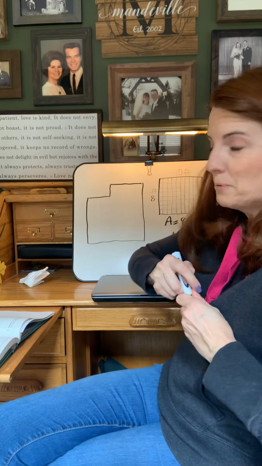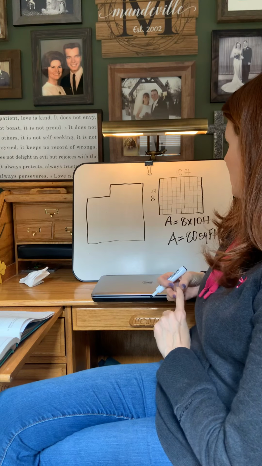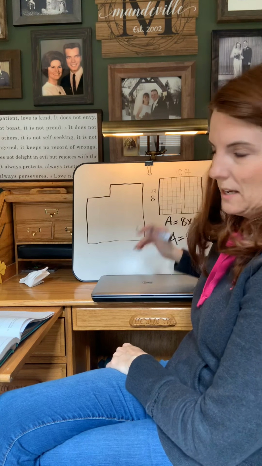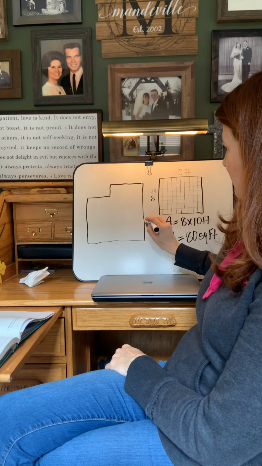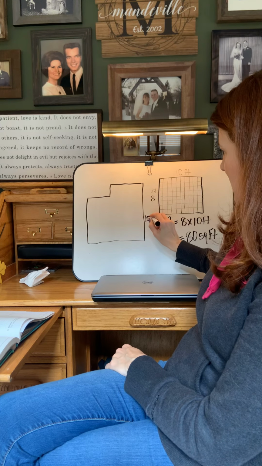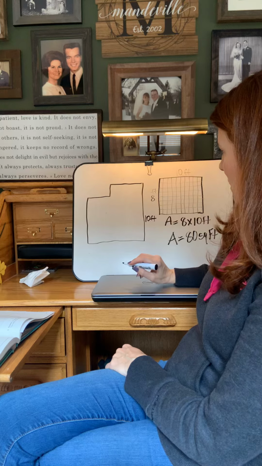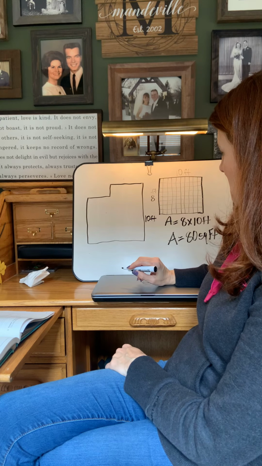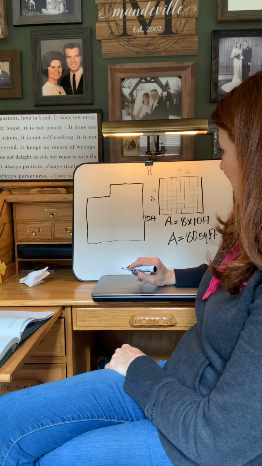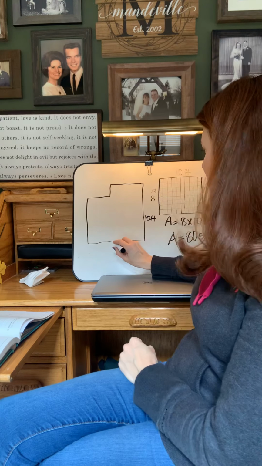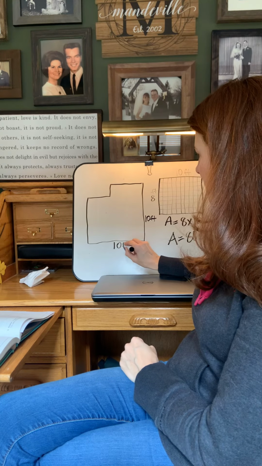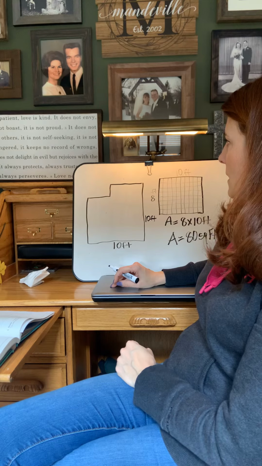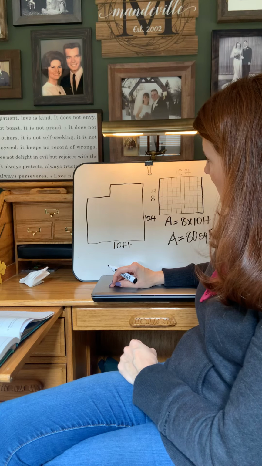Okay, well let's put some numbers in here. I'm just guessing these numbers. I have no idea how big their rooms are, but let's say that this wall is 10 feet for the heck of it. So let's see.